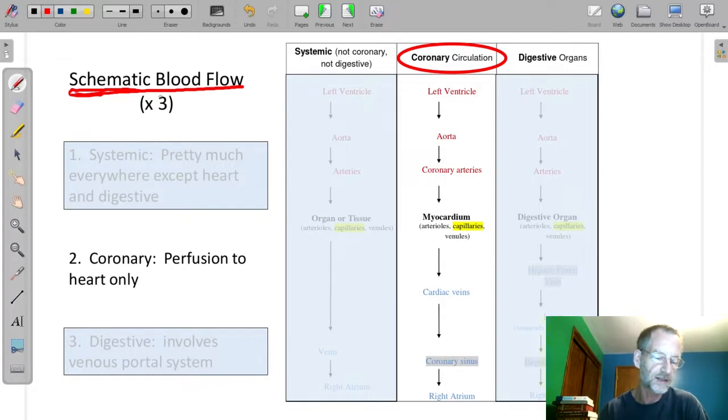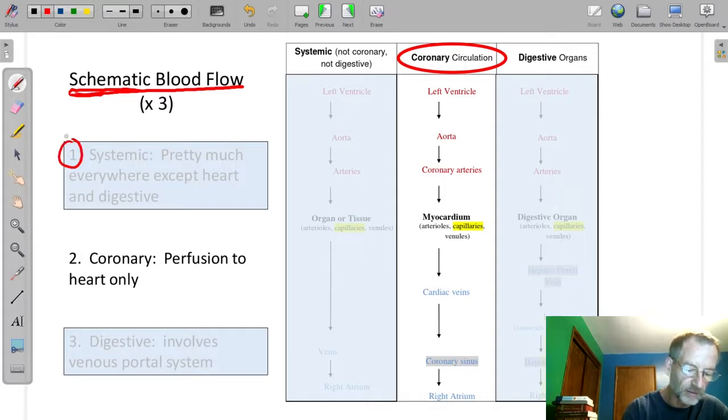It's a sketch. It's a scheme of how blood flows. There are three, and two of them I have faded out because we're not talking about those. But I think you can still read the text.